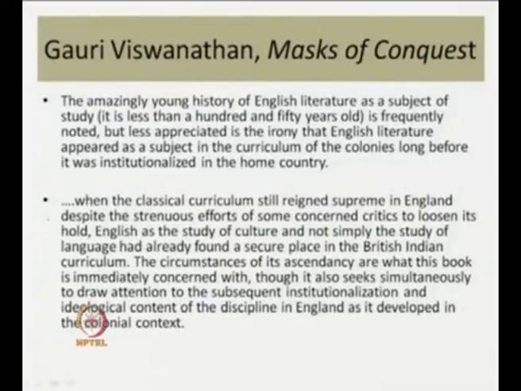Okay, and listen to this carefully. Let us read from her text, Masks of Conquest, and I shall explain it in a while. The amazingly young history of English literature as a subject of study. Okay, it's the study of English literature as a subject in universities and colleges.